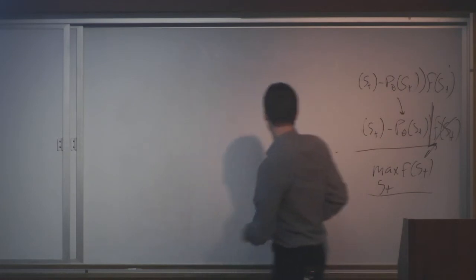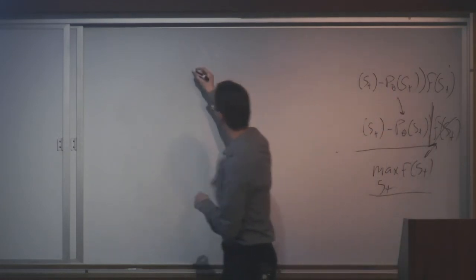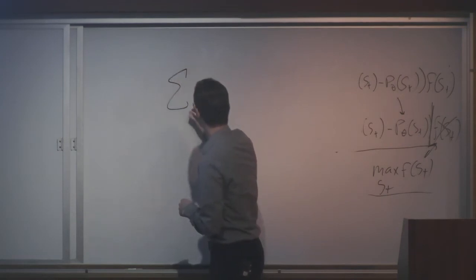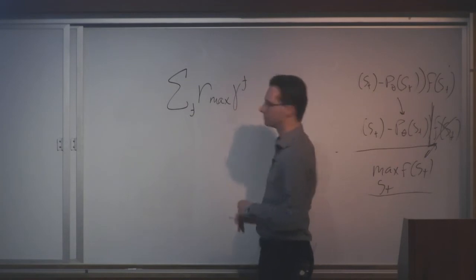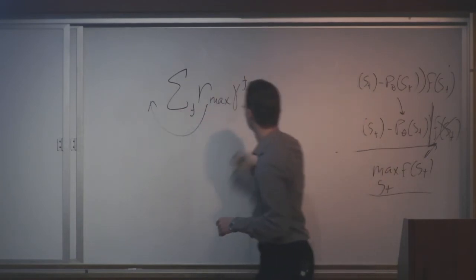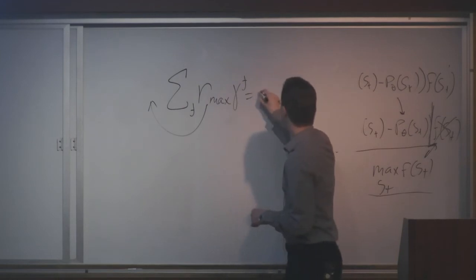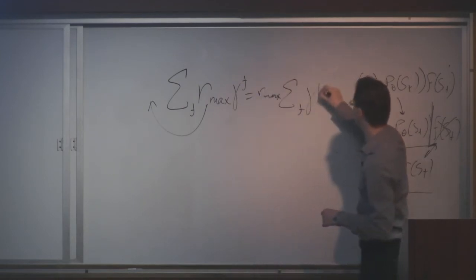And to calculate the sum of discounted rewards, we're going to use our knowledge of convergent series. So sum over t of r max times gamma to the t. That's what we want. The r max can go outside the sum, so that's just r max times sum over t of gamma to the t.